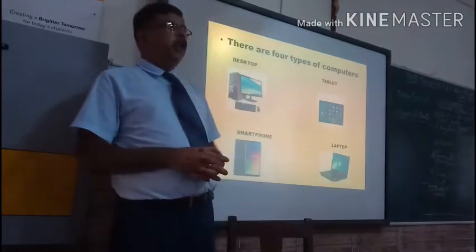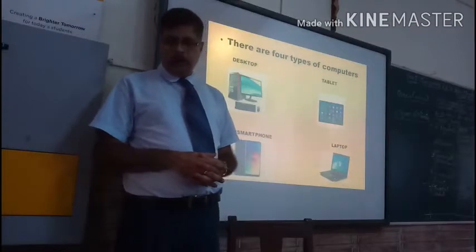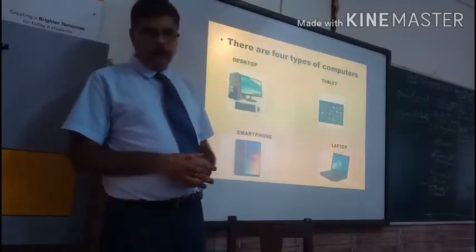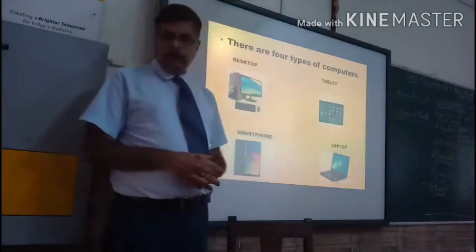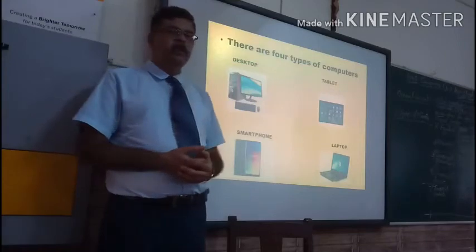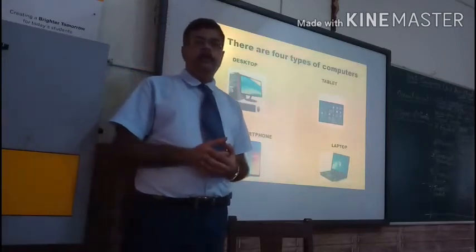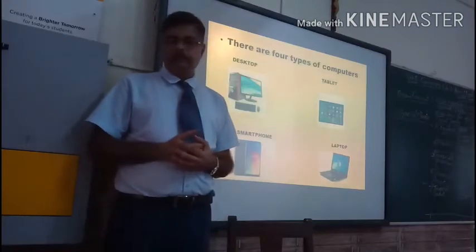There are 4 types of computers. Okay, the desktop, the laptop, the tablet, and your smartphone. The mobile phone you have at your home, that is also a computer. Okay, it's a phone, but it is also a computer.